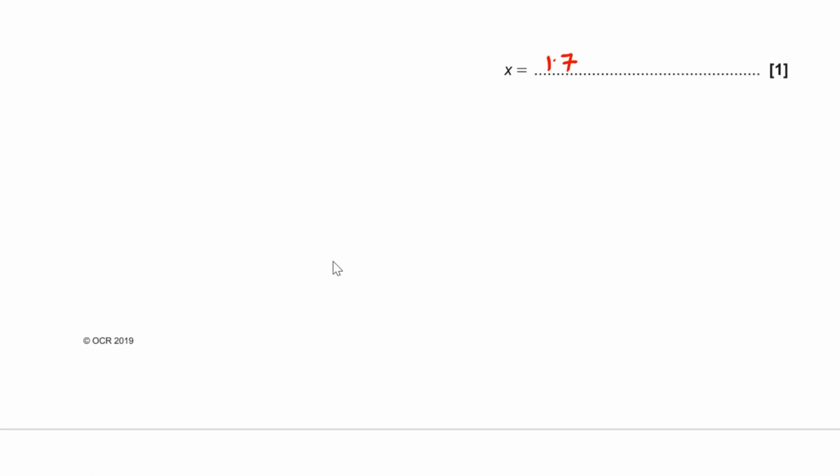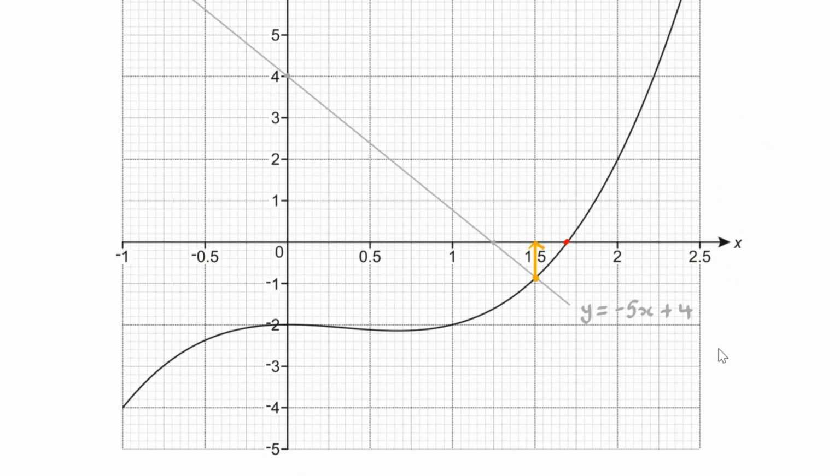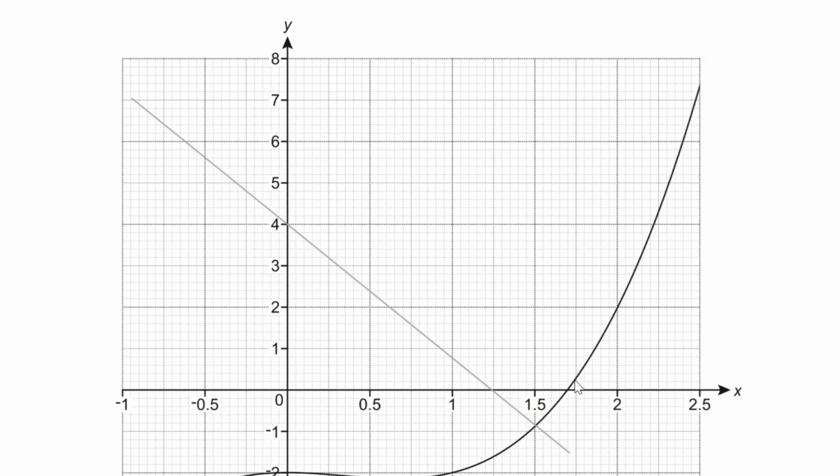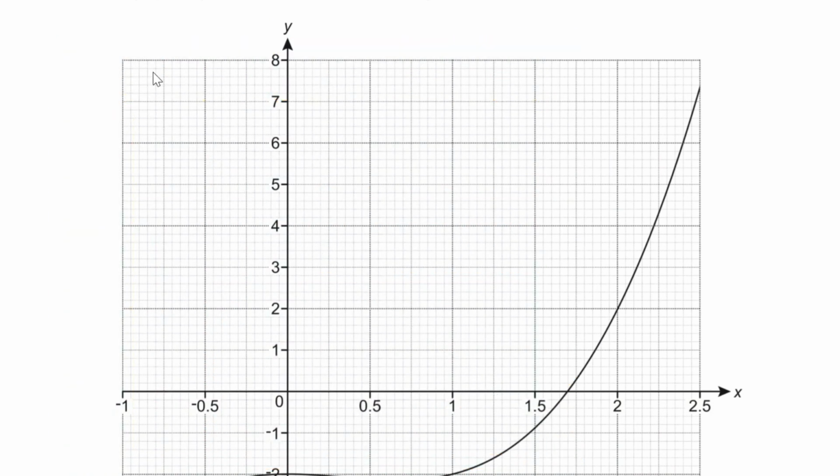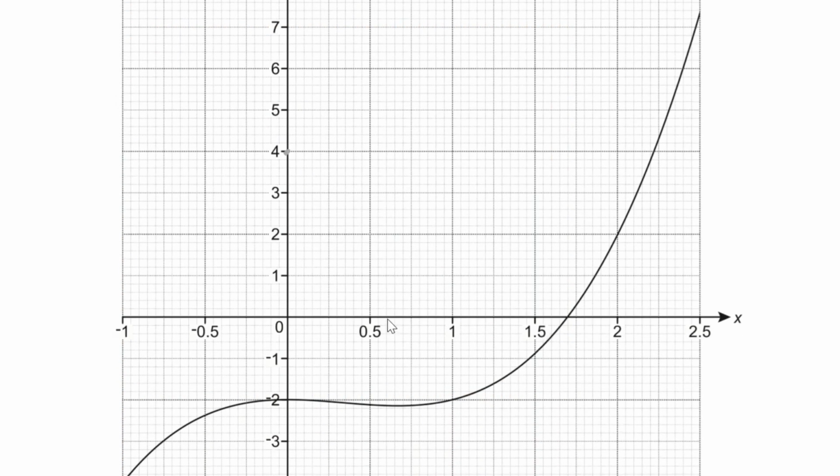So let's just correct our line. It crosses at the point 4, and 4/5, which is 0.8. So we've got 0.5, 0.6, 0.7, and 0.8 goes here. So now if we draw a line through those points, let's make our adjustments.